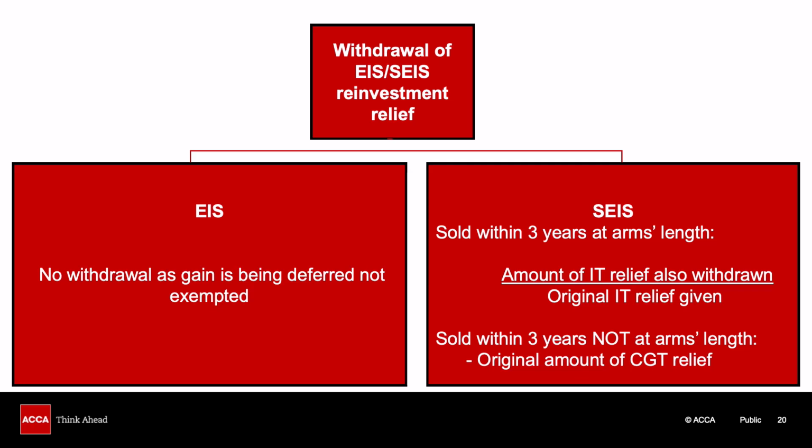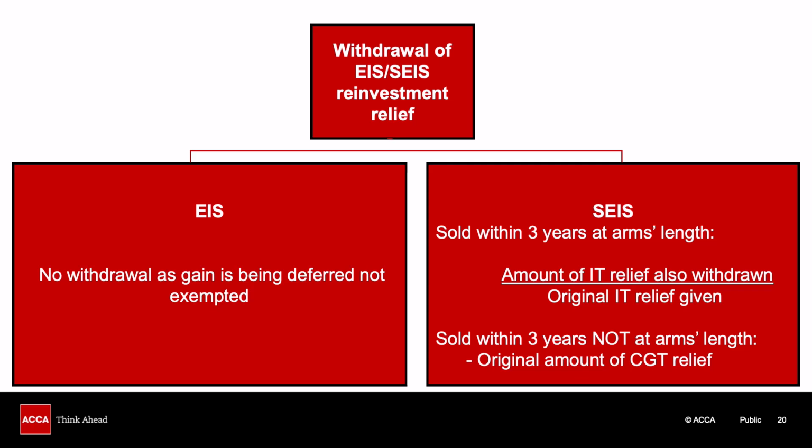So to be clear, this is the gain on an asset, say a building or a painting, that's been exempt from CGT because the individual reinvested money from the disposal of that asset into SEIS shares. So if they now sell the SEIS shares within 3 years of their purchase, then HMRC will look to recoup some of the previous tax relief given.